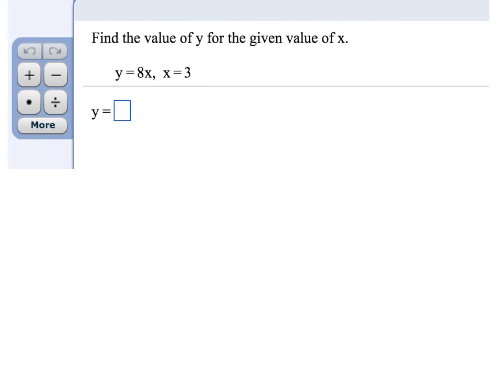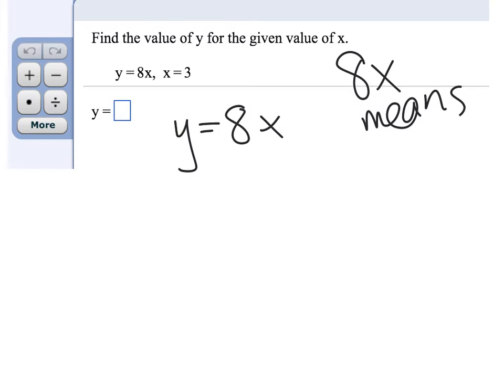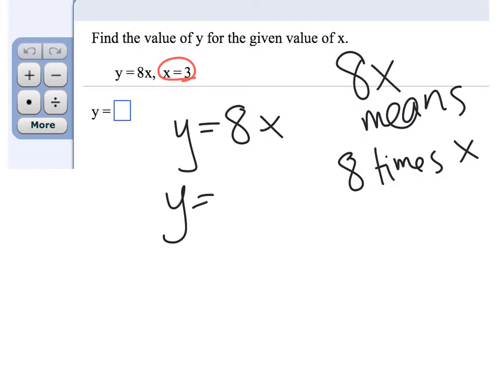So again, find the value of y for the given value of x. So we have y is equal to 8x. And the thing you need to know is 8x means 8 times whatever x is. And in this case, we're told that x is 3. So this becomes y is equal to 8 times 3.